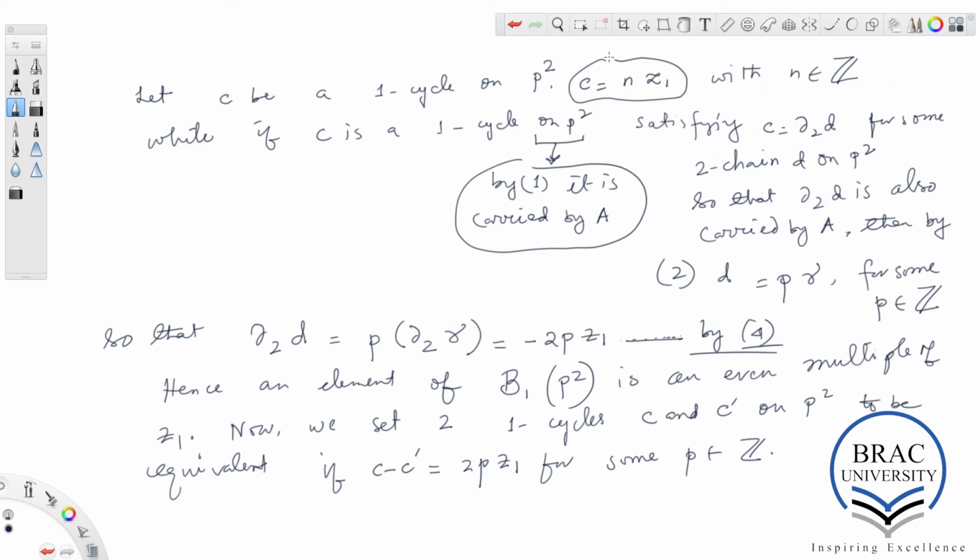In other words, all the integral multiples of Z1, which are called one cycles on the complex P2, are divided into two classes: even integral multiples and odd integral multiples of Z1.